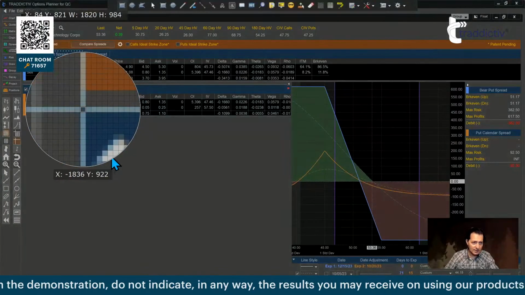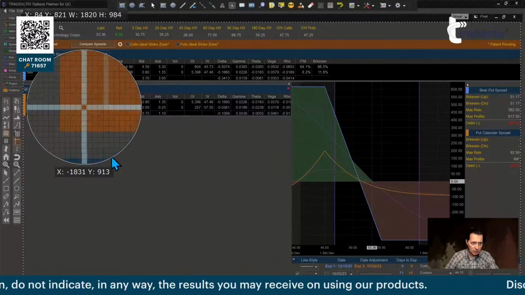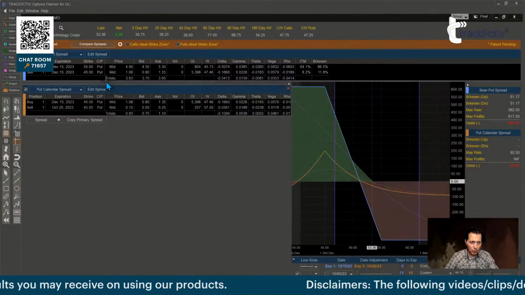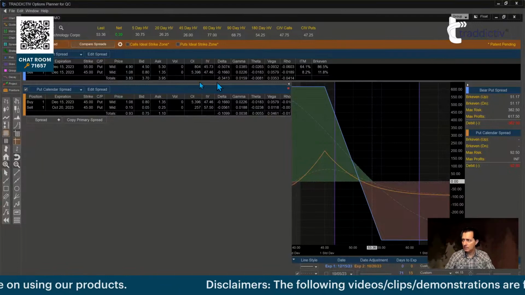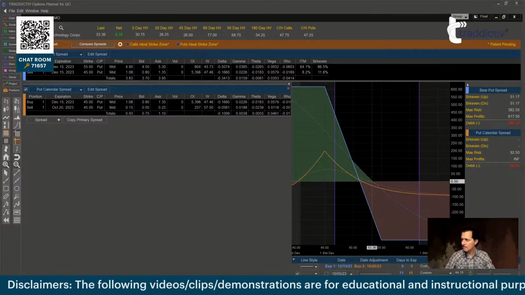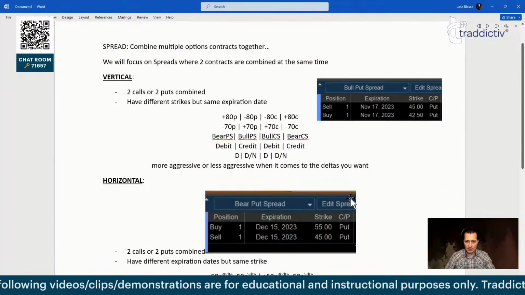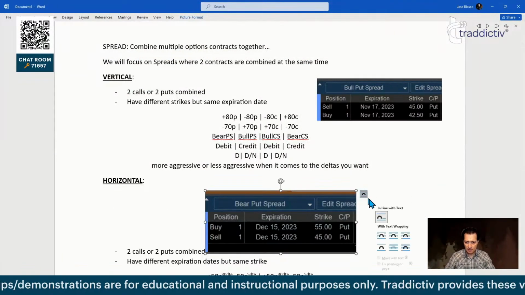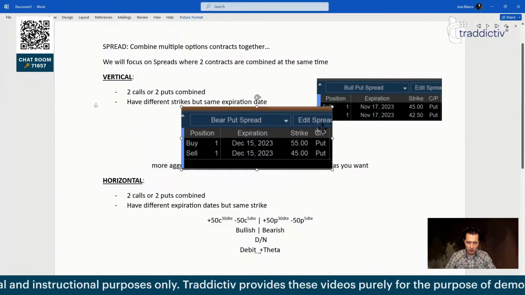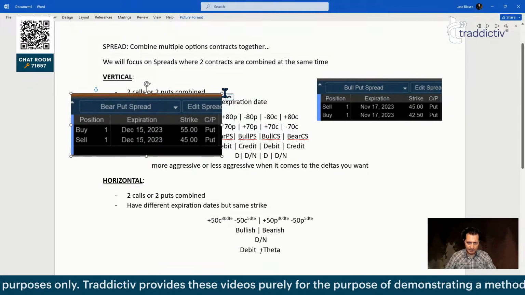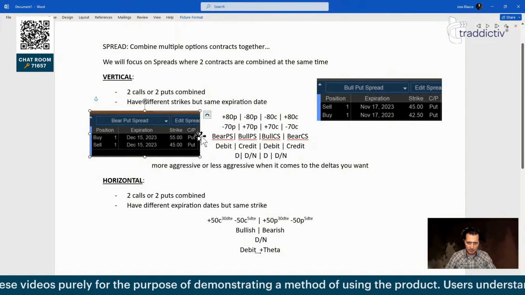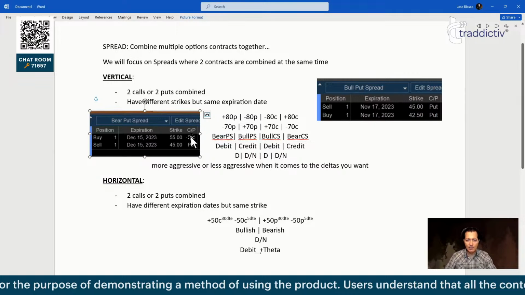So, in other words, if I do the bull put spread like here, sorry, why did I say bull put spread?